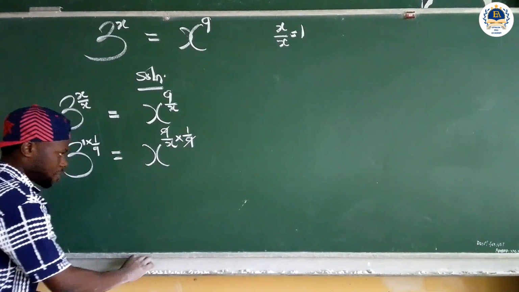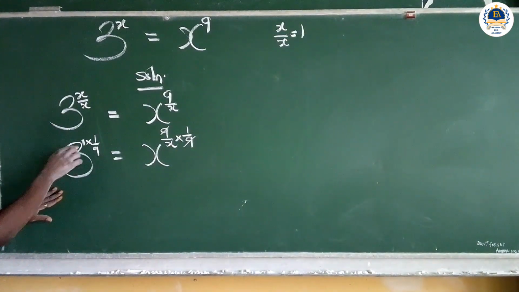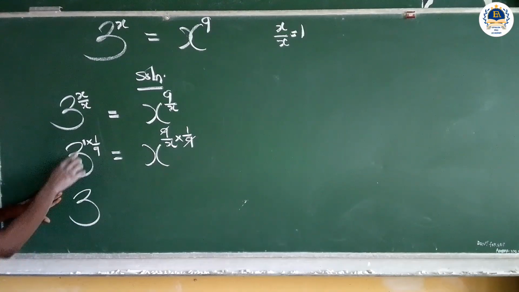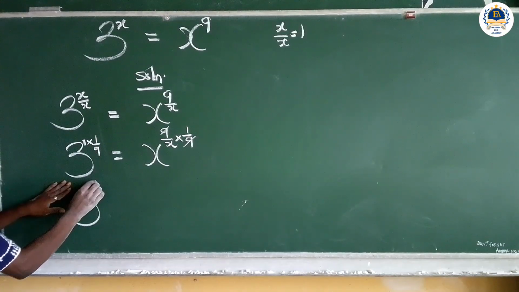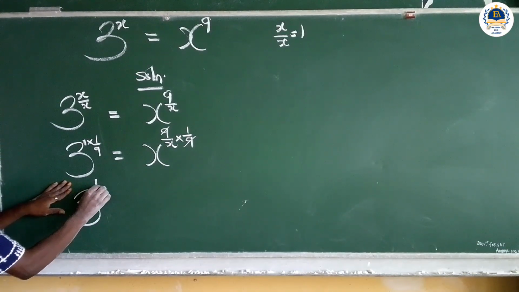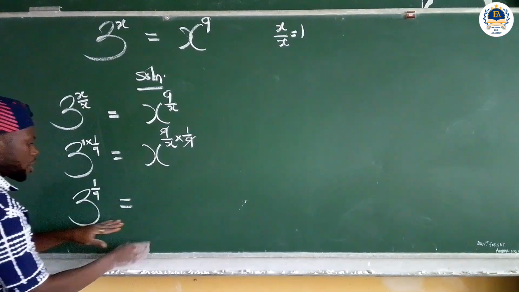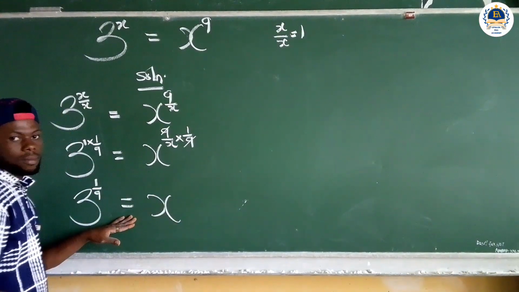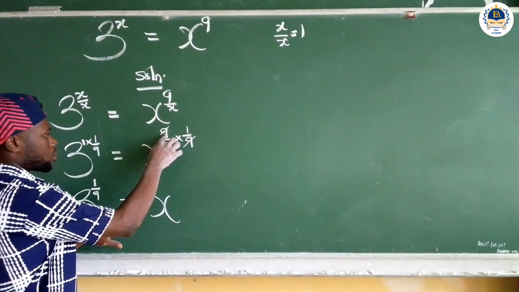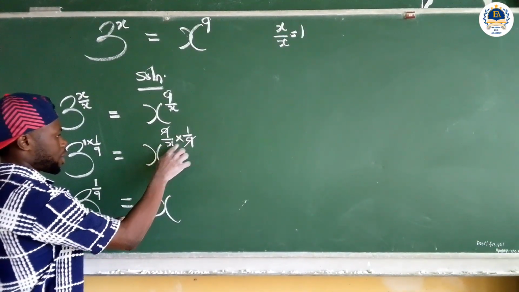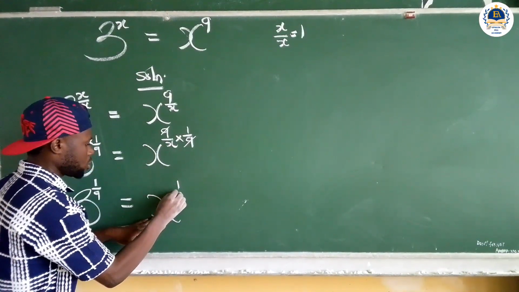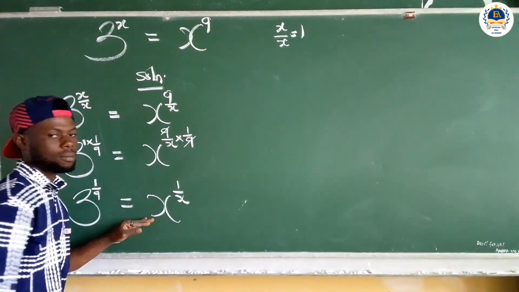So we are going to be left with, from here, 3 raised to the power of 1 times 1 over 9, which equals, over here, x raised to the power of 1 divided by x.